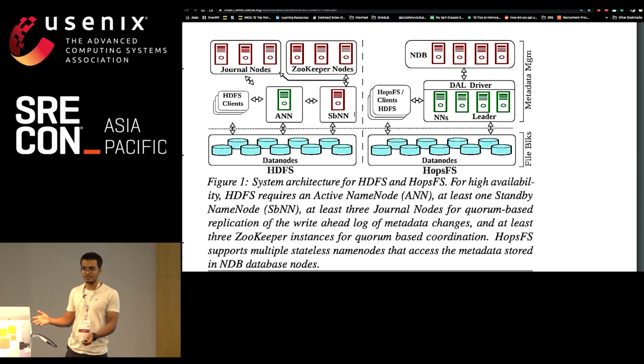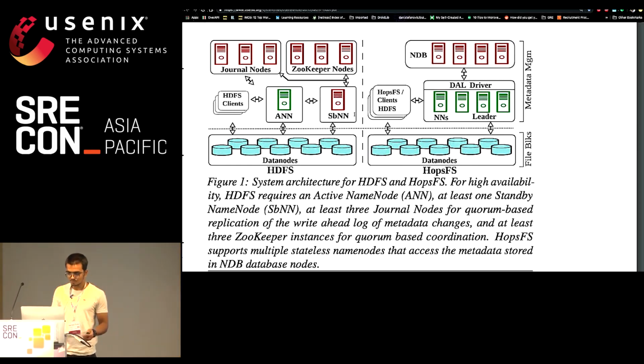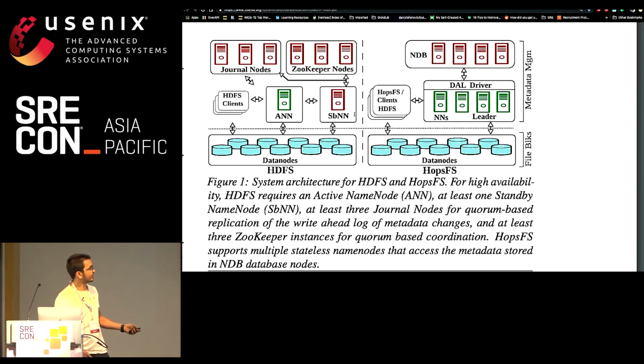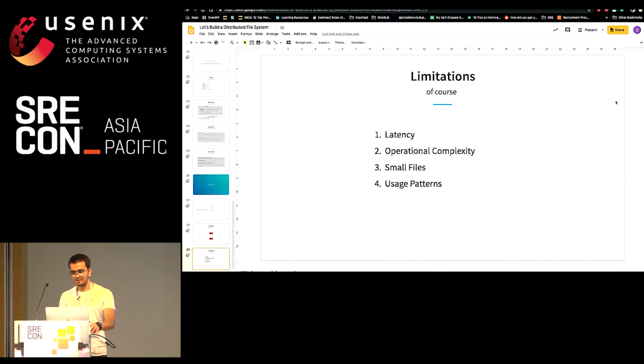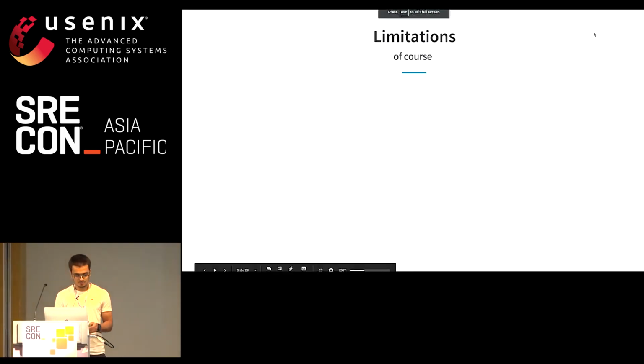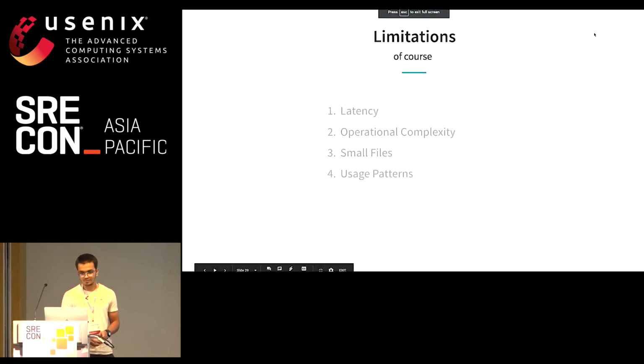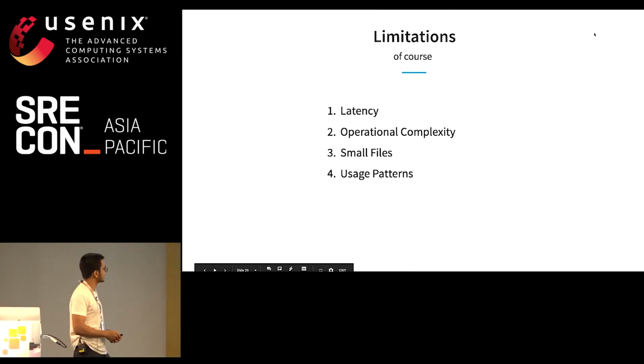So this gets operationally complex. In the case of HopsFS, instead of journal nodes, there's a MySQL cluster, and you have n number of metadata nodes. So it gets operationally complex.